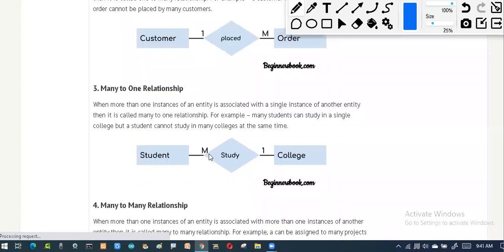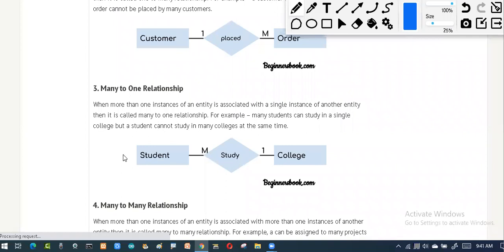Many students study in one college. Many students go to study in a single college. This is one of the examples. Here I will write M and one. M stands for many and one stands for one. This is how I consider the many-to-one relationship.